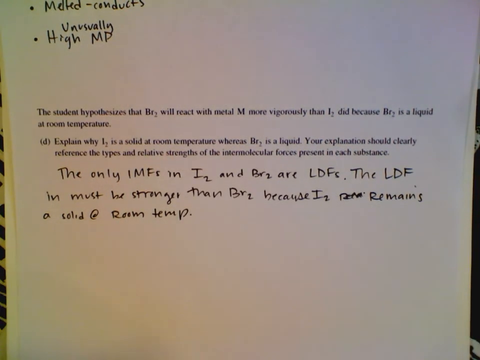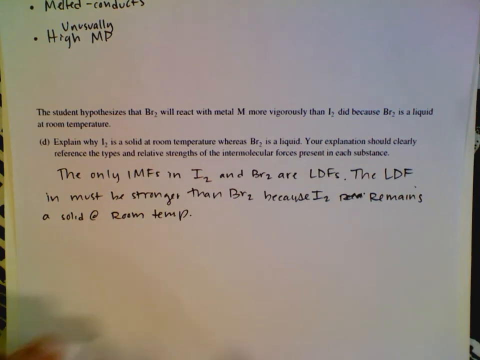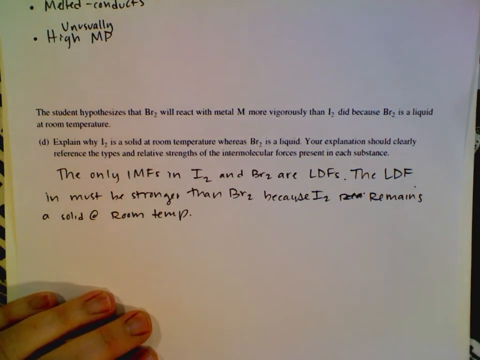So I've talked about how they both have London dispersion forces, and I've talked about how the properties in the prompt have indicated that the iodine has stronger intermolecular forces because it remains solid. And now I need to seal the deal with saying why it's that way.